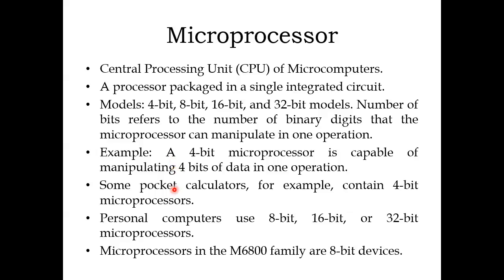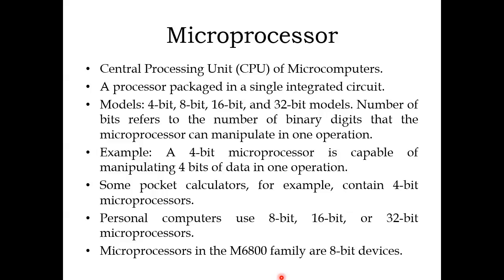I tried to also give an example here. Even if I tried to write based on the microcomputer here, I think these days the microprocessor is everywhere. Pretty much every single digital device has some sort of microprocessor. But in this class we will mostly concentrate on a family of microprocessor manufactured by Motorola, and the name of the family is M6800.